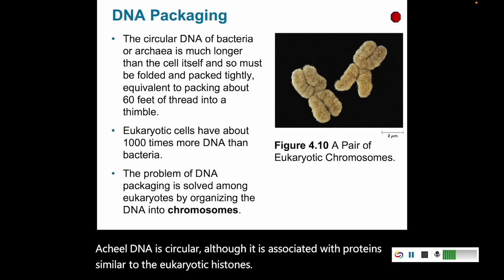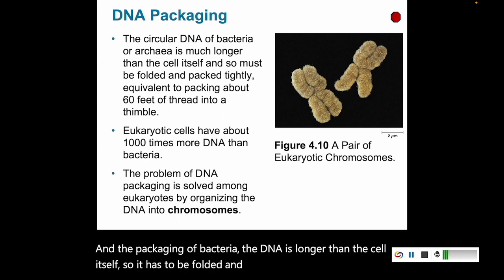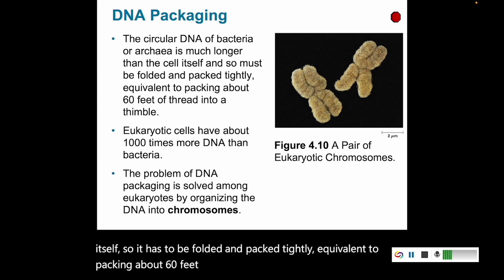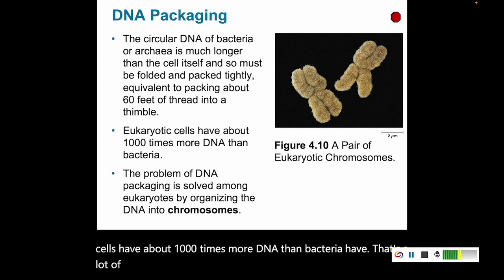And the packaging of bacteria. The DNA is longer than the cell itself, so it has to be folded and packed tightly, equivalent to packing about 60 feet of thread into one little thimble. Eukaryotic cells have about 1,000 times more DNA than bacteria have. That's a lot of DNA. And so we organize that DNA into chromosomes and pack those chromosomes up.